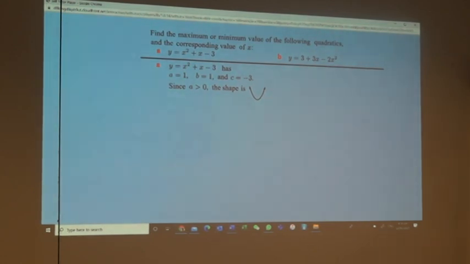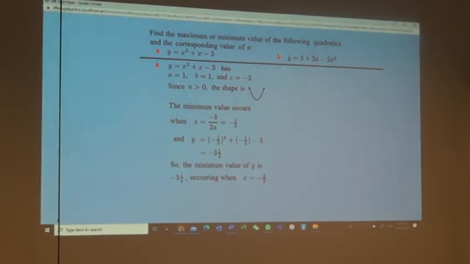The minimum value occurs at the vertex, which lies on the axis of symmetry, x equals minus b over 2a. So the vertex has x-coordinate minus a half, and we substitute this value to find the y-coordinate. Be careful with negative substitution. So the minimum value of y is minus 3 1/4, which occurs when x equals minus a half.